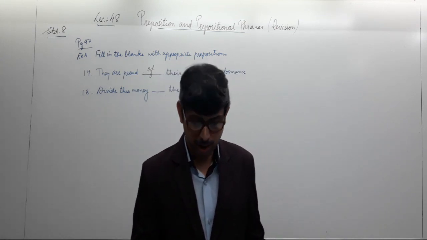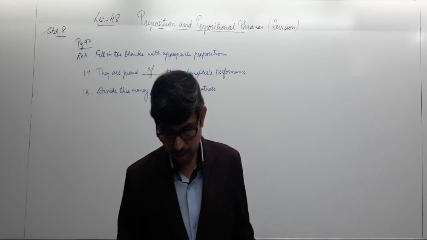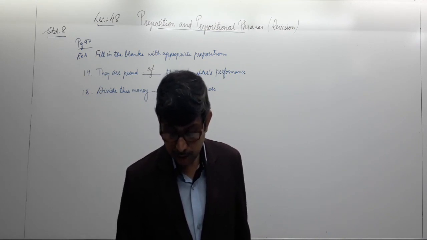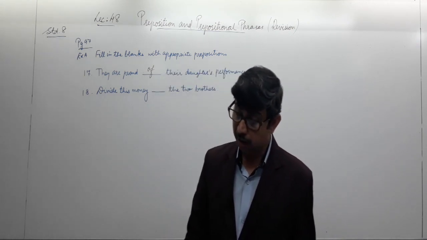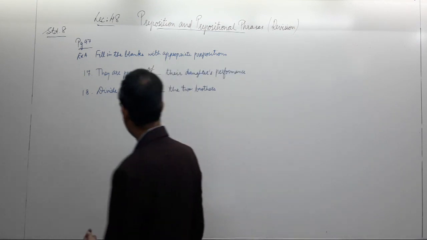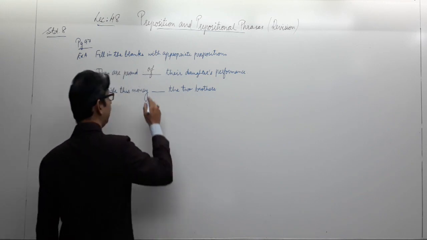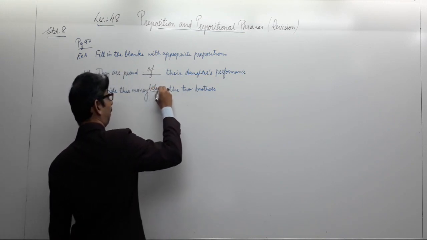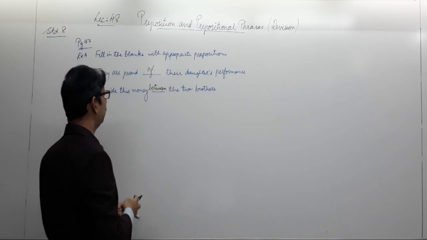So see, I just got the word. The word is between. If you are using your discrete intelligence, automatically you will get the preposition to be inserted. Between is the word. Divide this money between the two brothers.